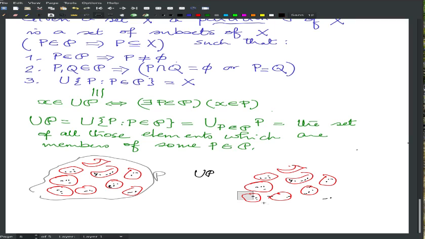But I want to make these things lighter, but I want to highlight these things. So I want to take these elements.